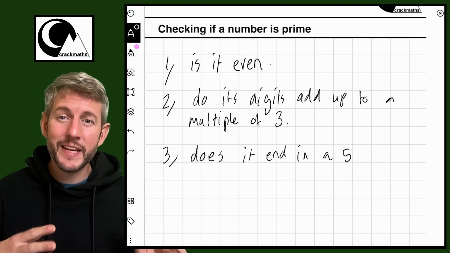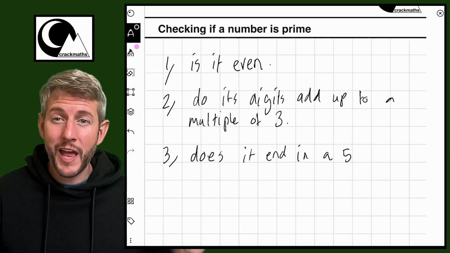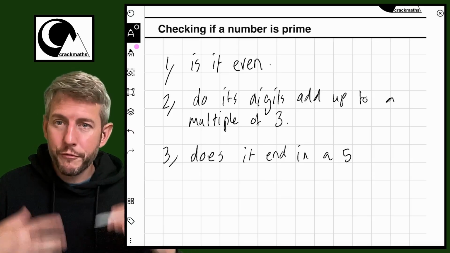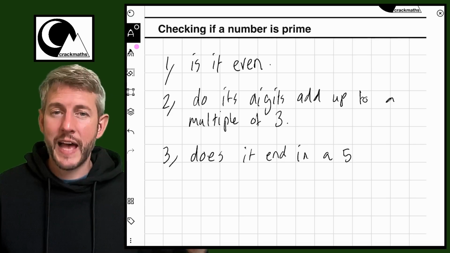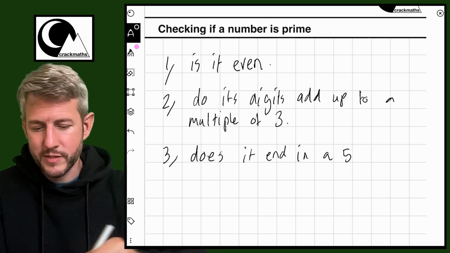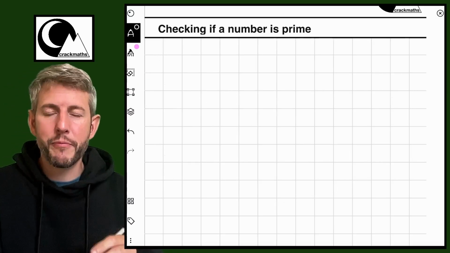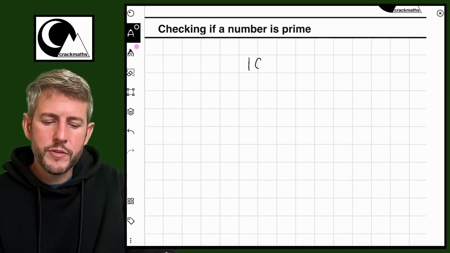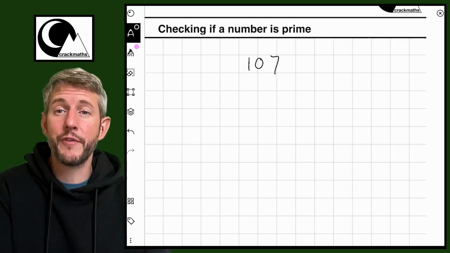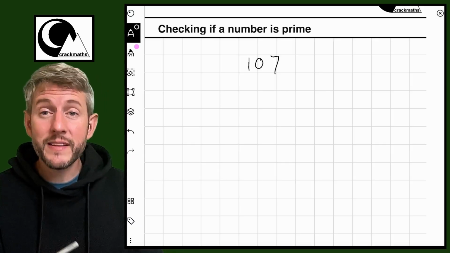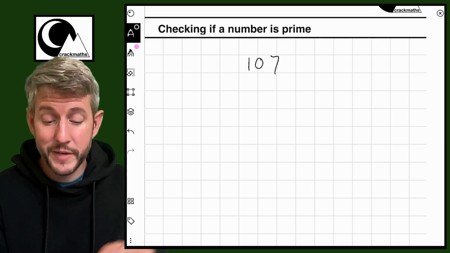Now, obviously, we don't have a divisibility check for every single number, but once we've gone through these, we can then begin to have a look at doing some calculations. So let's take a look at a number that looks like it could be prime. So let's check out 107. Is 107 a prime number? Well, let's start by checking out what it can be divided by.